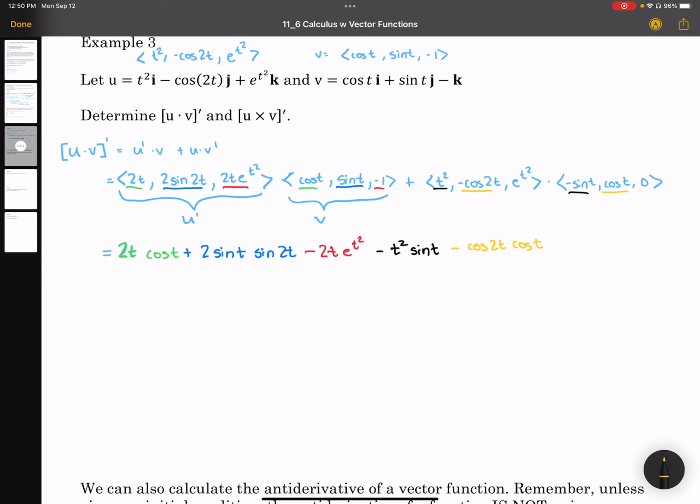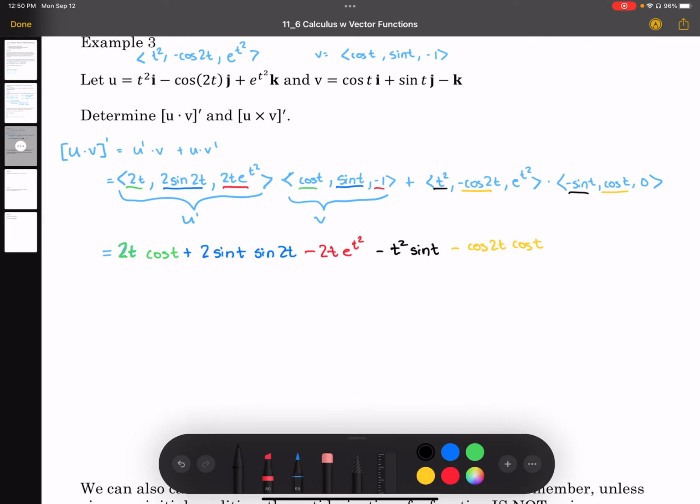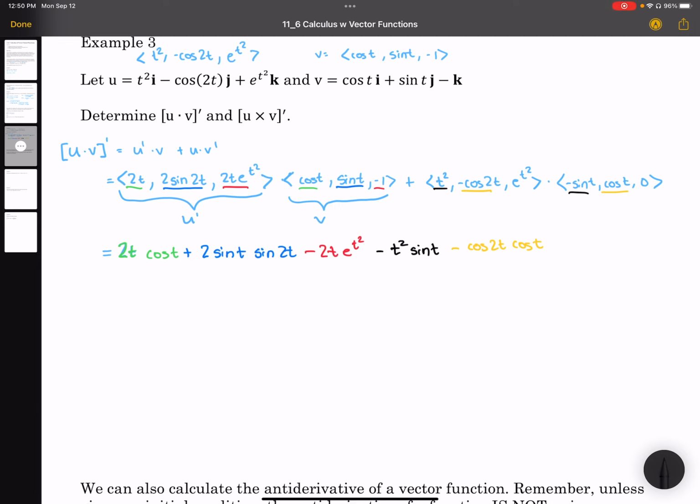And next we have the cross product rule. Here I'm going to do the cross product and then do the derivative. So let's put it in table form, and this is going to look crazy. It's easier to do it this way.